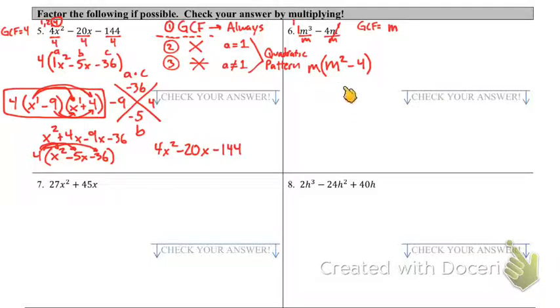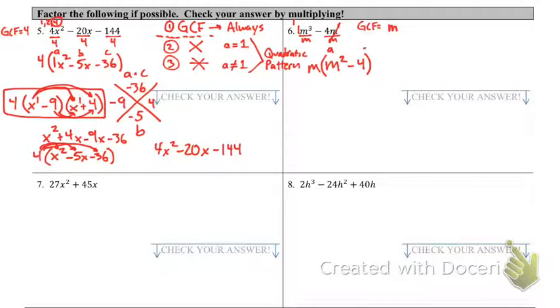So how do I check for the quadratic pattern? We have to understand that the power of 2 is what makes it quadratic. The power of 2, guys, is always your A value. Okay?